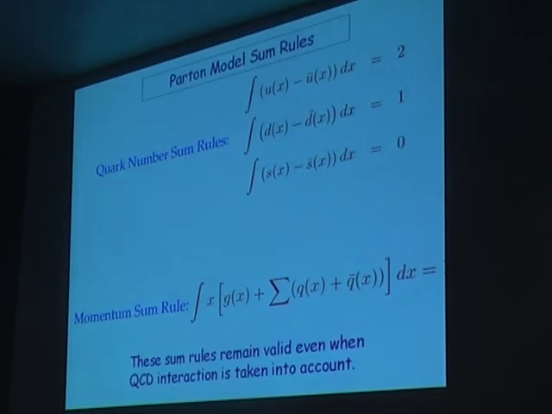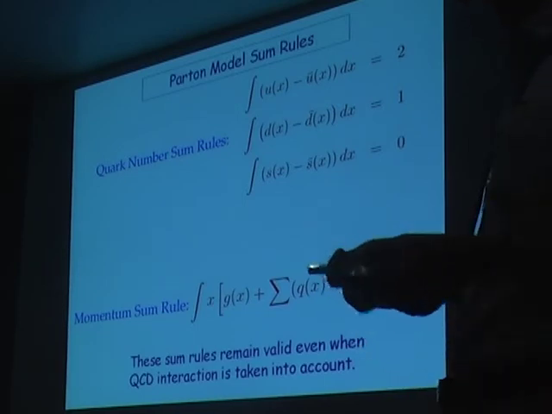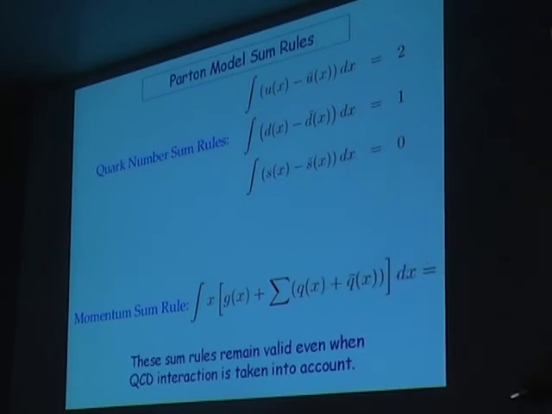One interesting thing about QCD is that after we turn on the QCD interaction, very complicated dynamics, all the quantum field theory complications come in. But after everything is said and done, after you've proven the factorization theorem and so on, you can also show that this sum rule remains true in QCD.